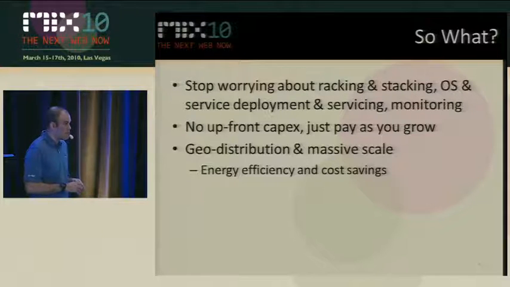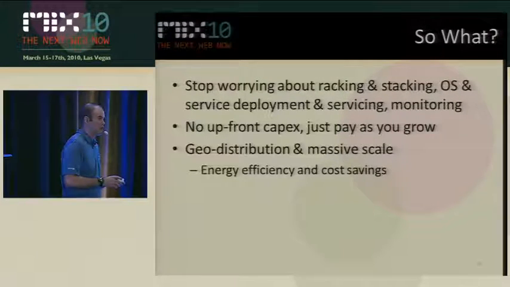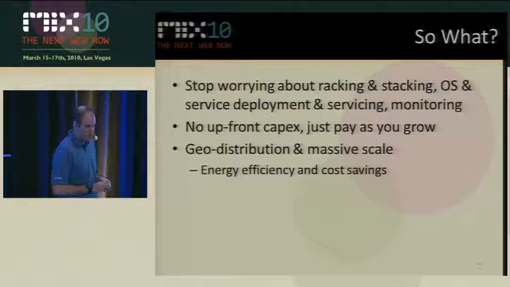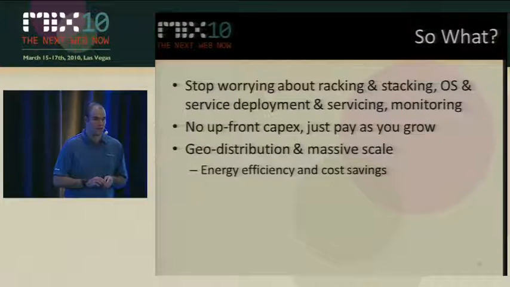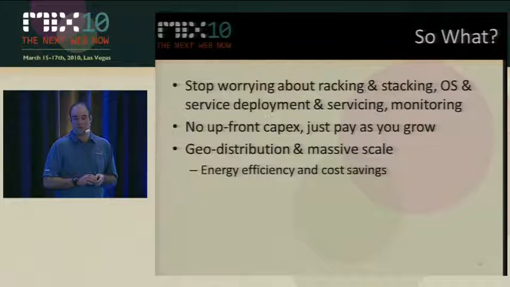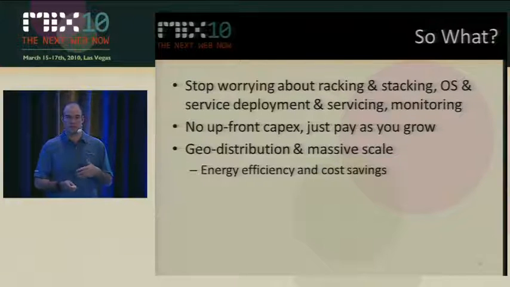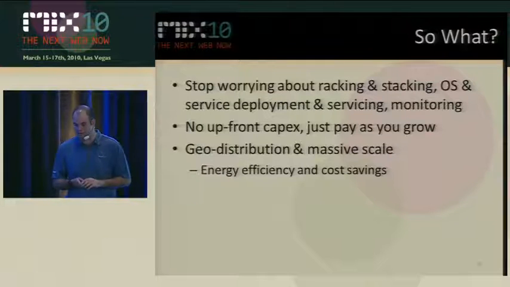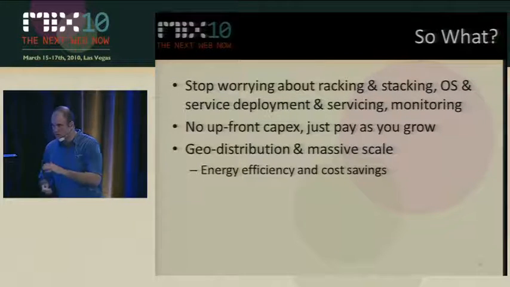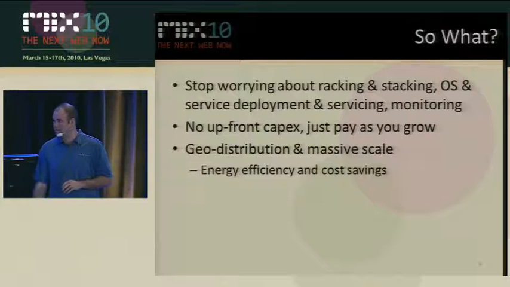And when we purchase hardware, we purchase it in bulk. We purchase servers in numbers that are mind-boggling. So we get discounts. And that means that we can also pass those savings on to our customers while still being able to make a profit that enables us to innovate and do new things, which I think is good for everybody. So this is another reason that Steve is really happy.